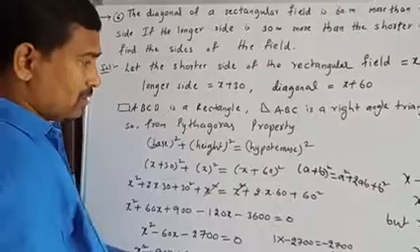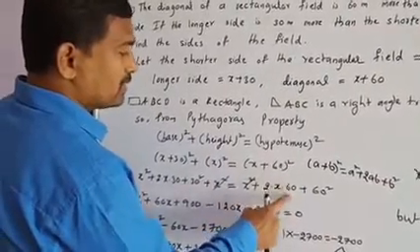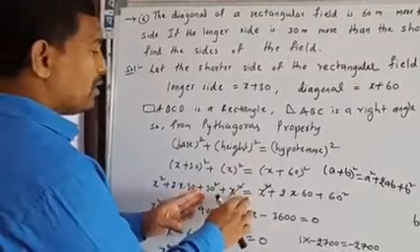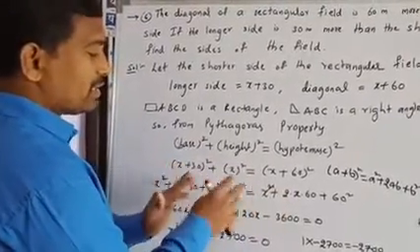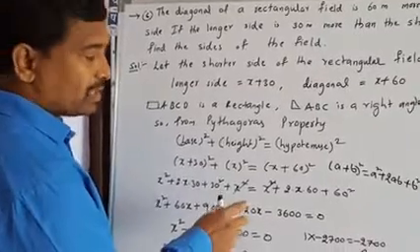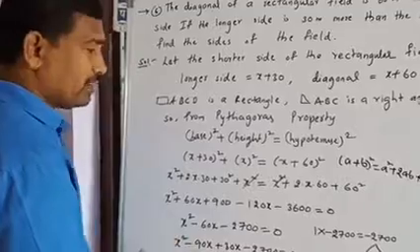So x square plus 2 into x into 30 plus 30 square, plus x square, equals the right side, where we also expand using (a plus b) whole square: x square plus 2 into x into 60 plus 60 square. On the left and right sides, the same terms can be cancelled. x square can be cancelled.